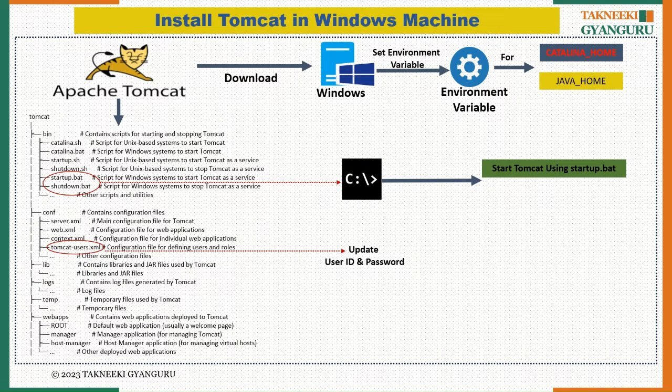Then you can deploy your application or do other configuration in Tomcat, and once you are done, you can stop Tomcat using shutdown.bat. So we are using startup.bat and shutdown.bat in Windows, right? If you are using Linux, then you can use startup.sh or shutdown.sh. Done.